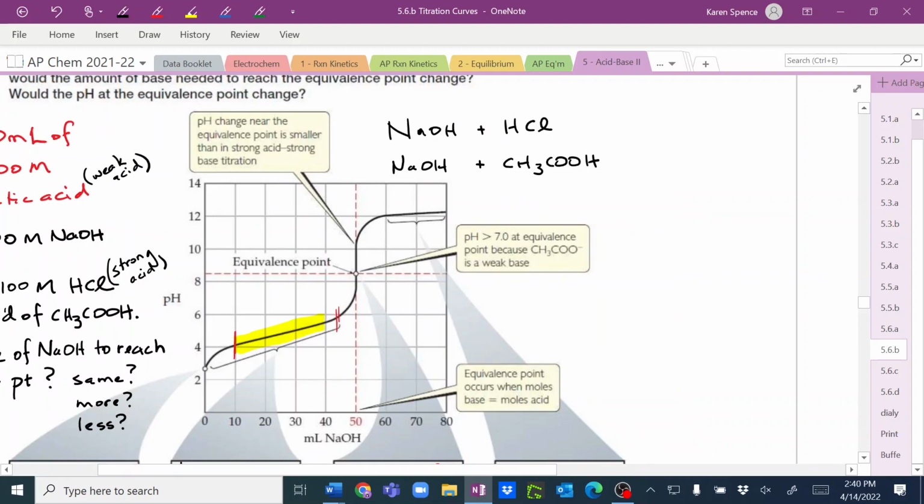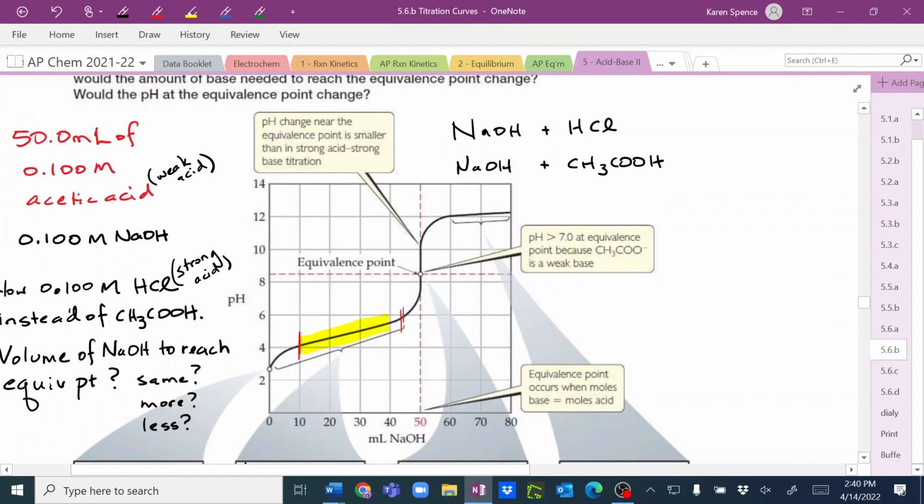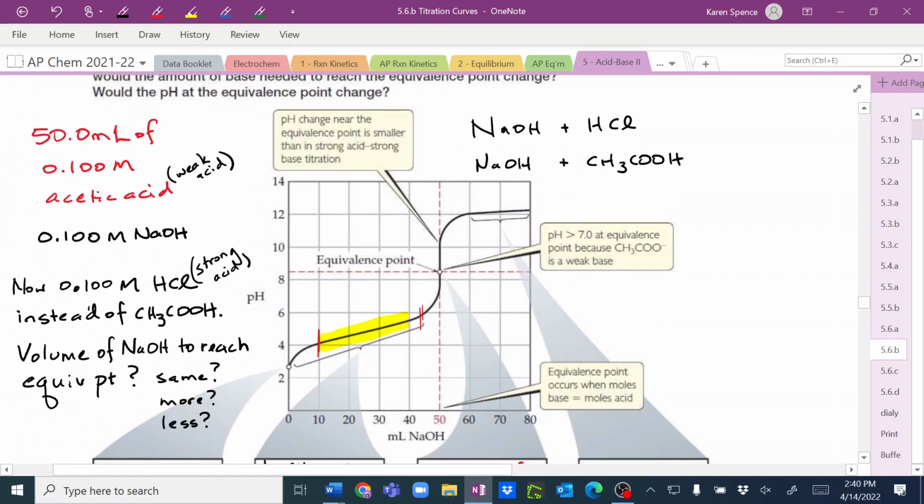All right, my friends. Okay. What kind of an arrow do I get when I react a strong acid with a strong base? One way.